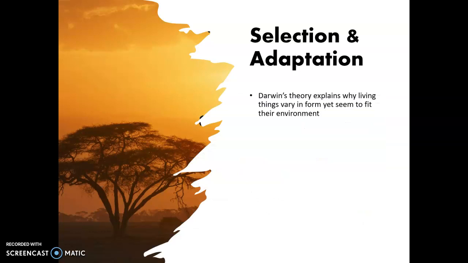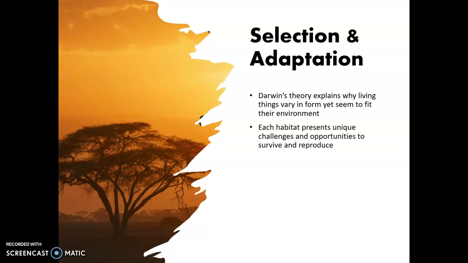Okay, so let's talk about selection and adaptation. Darwin's theory explains why living things vary in form, yet seem to fit their environment. Each habitat is going to present some sort of unique challenge, meaning that it is only in that particular habitat with that particular challenge. And these challenges give some opportunity for survival and reproduction, okay?